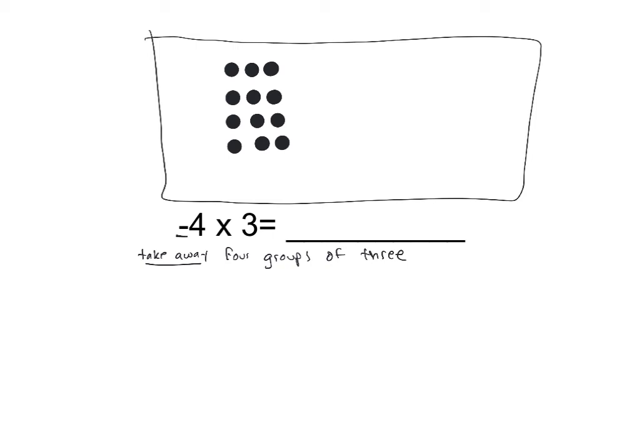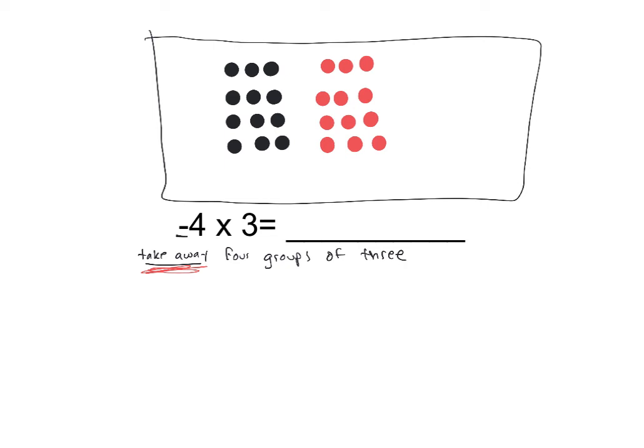But in order to balance out my table so that my table still has a value of 0, I have to do 1 group of negative 3, 2 groups of negative 3, 3 groups of negative 3, 4 groups of negative 3. And now I have enough to take away 4 groups of 3.